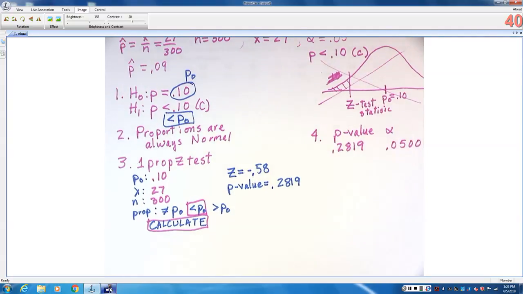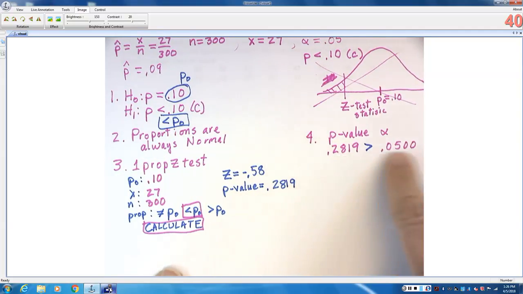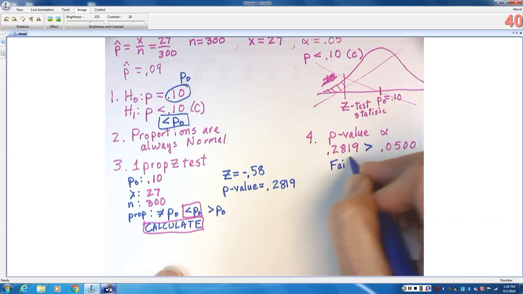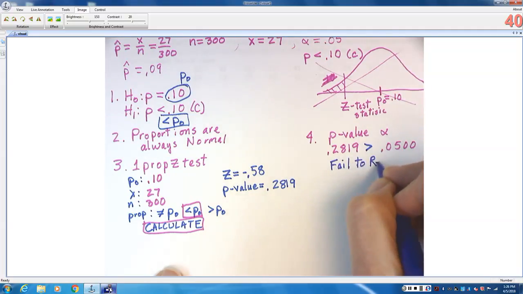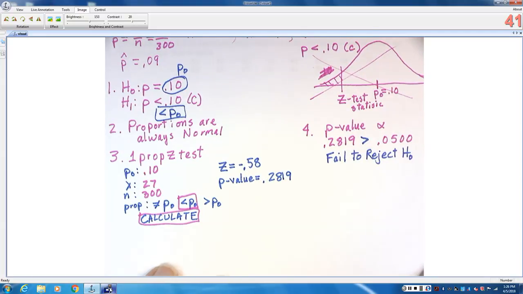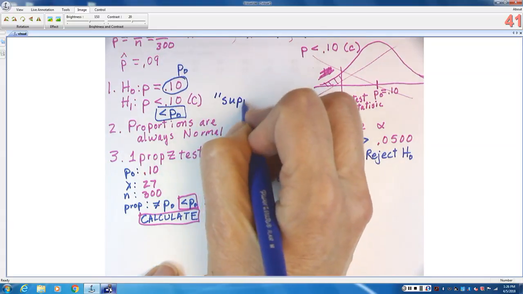And which way does that inequality go? Greater than. Anytime the p-value is greater than alpha, our decision is to fail to reject, and you do have to write which hypothesis. It's always H0. Now the claim was H1, so we use the word support.